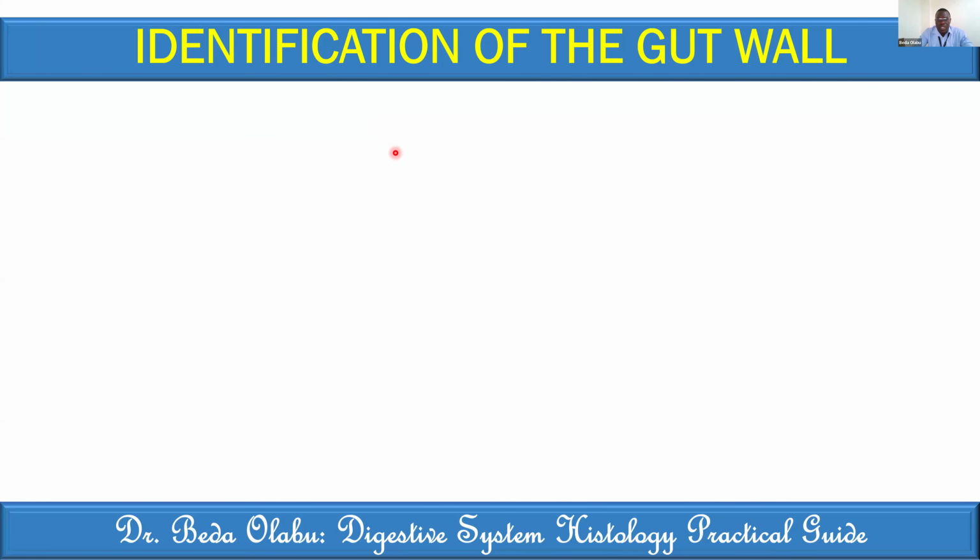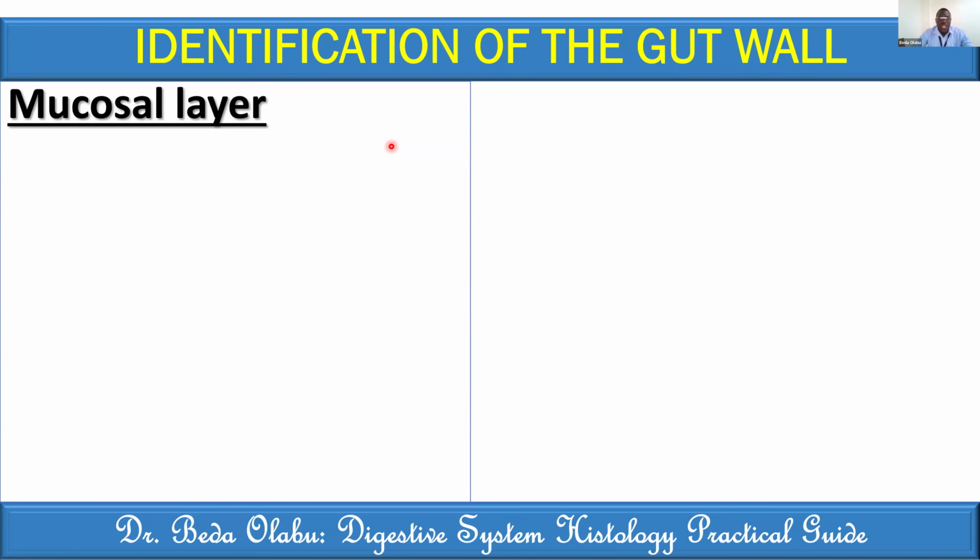So on the mucosa, what is it that we can check? Begin by looking at the type of epithelium present. And this is best appreciated at higher magnifications than lower magnifications. Look at the type of epithelium present.